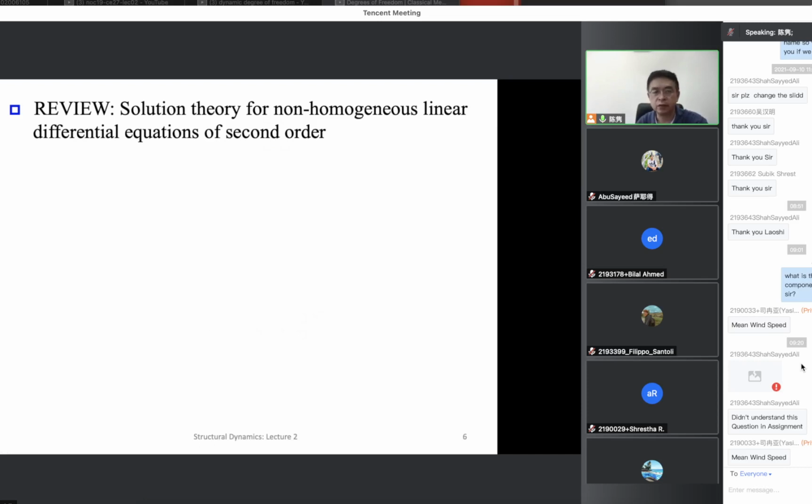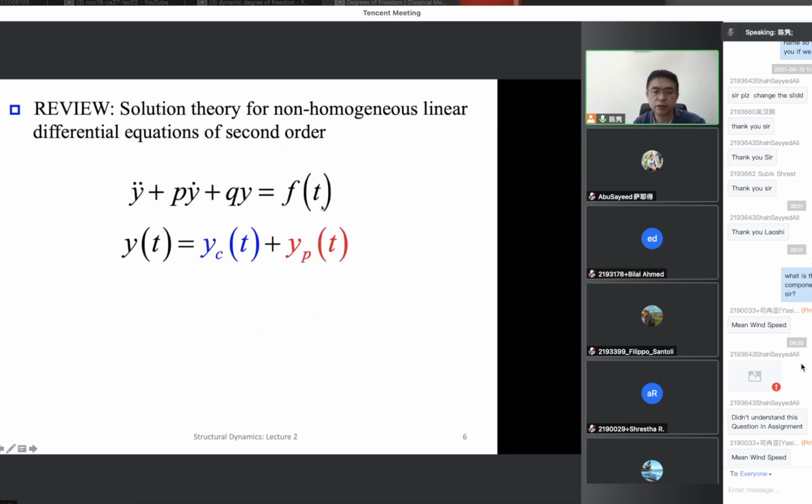We have this course at Tongji, and you may have the same one with a different title. From that course, you know the solution theory for a second order non-homogeneous linear differential equation, which has two parts. One is this part, one is this part.